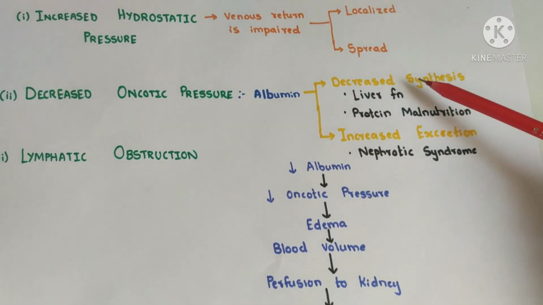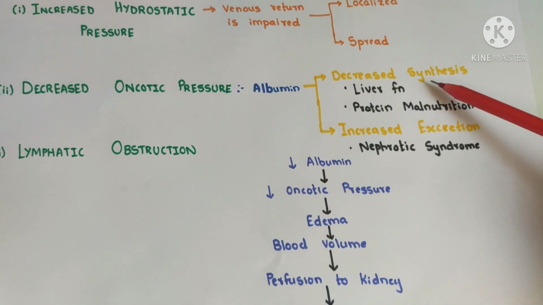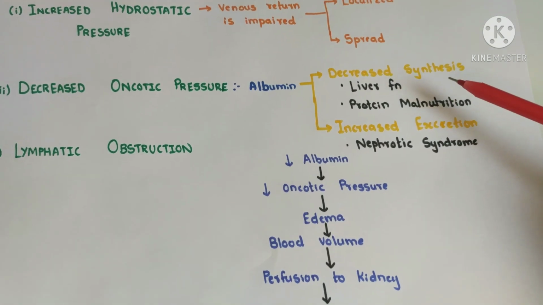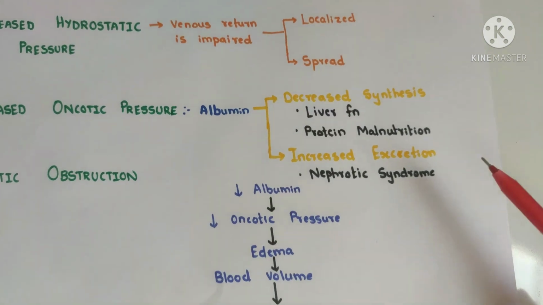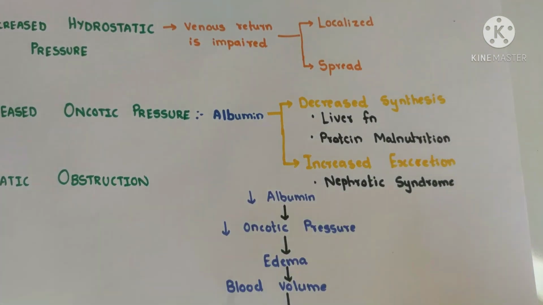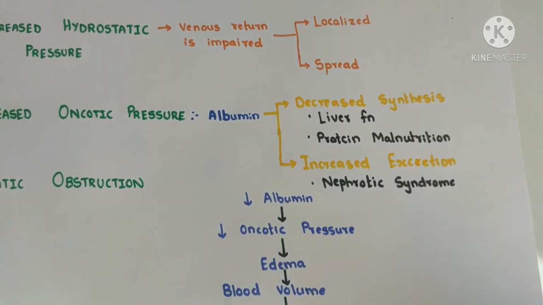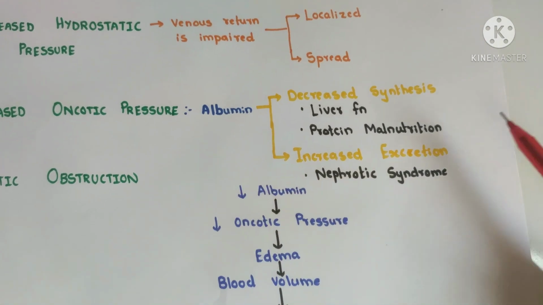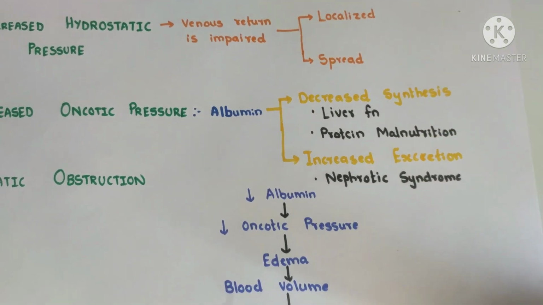For example, when the liver is disturbed, how will it form albumin? And without albumin or with reduced albumin, oncotic pressure will be low. Another reason is protein malnutrition. That is when the liver is functioning properly, but it does not have the required amino acids to make albumin. How is it possible for the liver to make albumin? So, due to these two reasons or many more, there will be decreased synthesis of albumin.